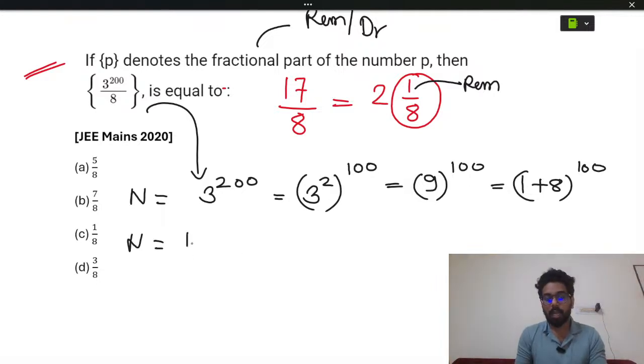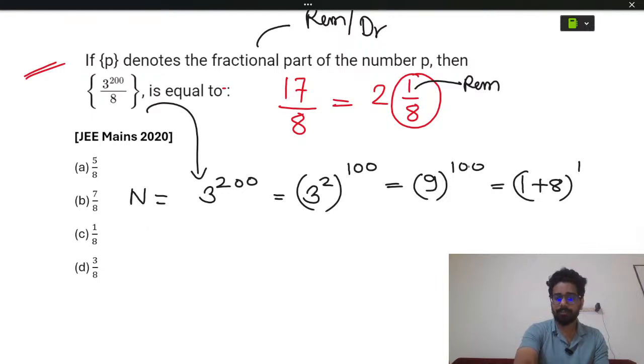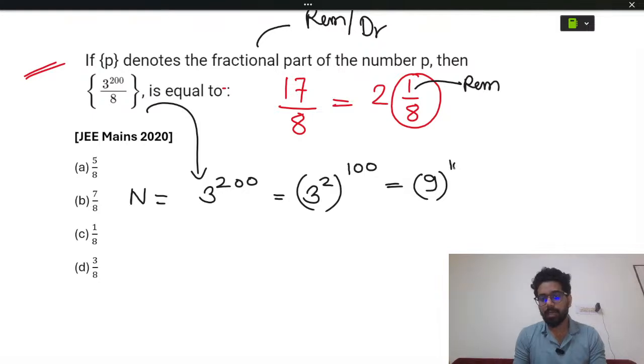Instead of writing 1 plus 8, though it doesn't matter, let's follow the standard pattern. I will write 8 plus 1 whole power 100.